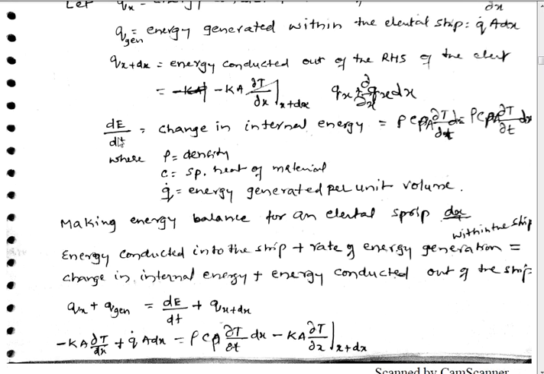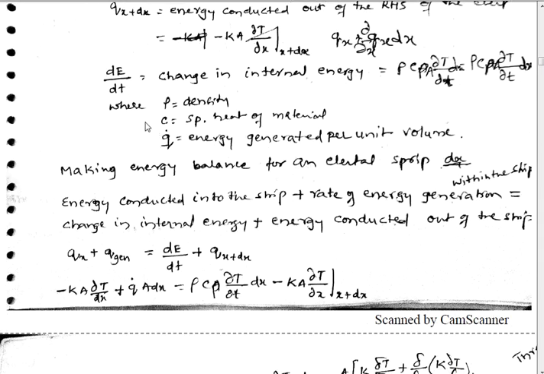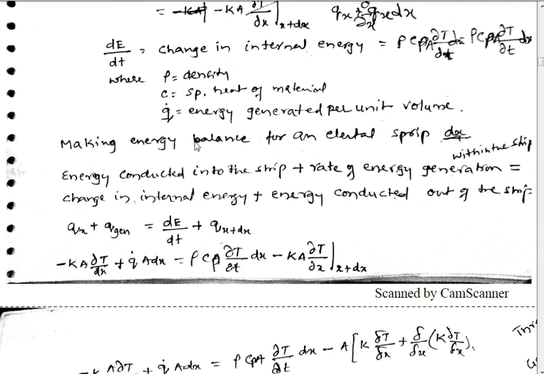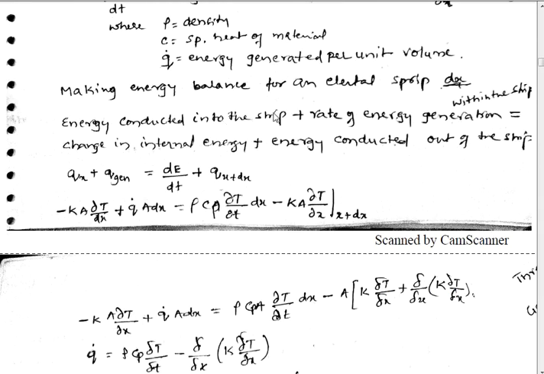Then dE by dt is the change in internal energy, rho Cp A dou T by dou t, which can be written as rho Cp A dou T by dou t into dx. Here rho is the density and Cp is the specific heat of the material, and q dot is the energy generated per unit volume.